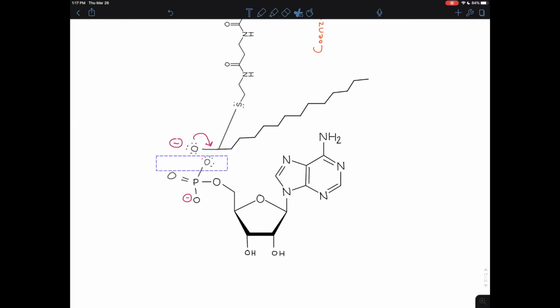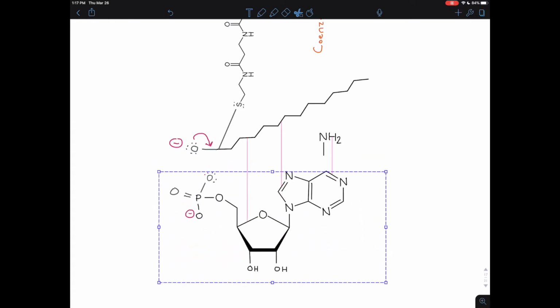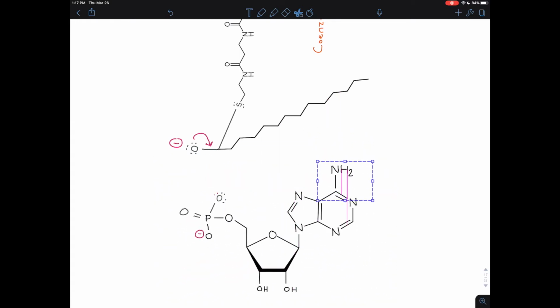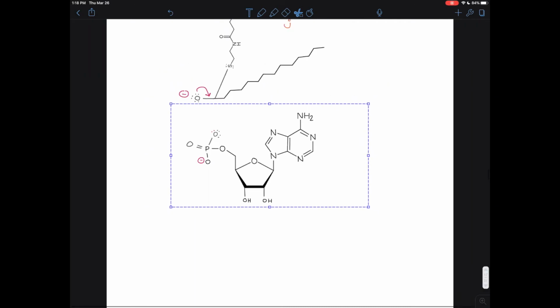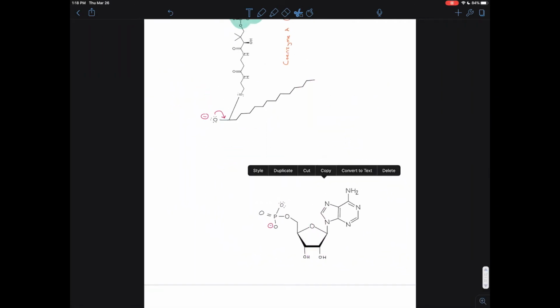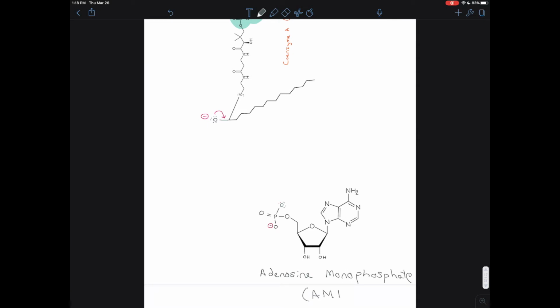And so this group is going to leave. Let me just make sure it takes that with it. Okay, this whole group is going to leave, and this group is actually AMP, adenosine monophosphate. That's AMP.